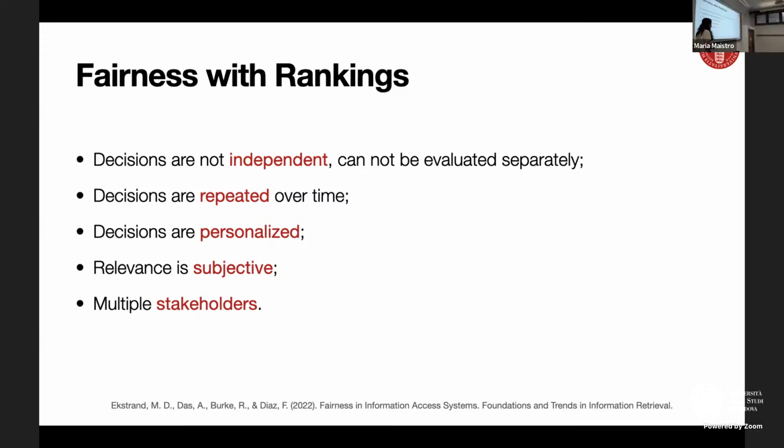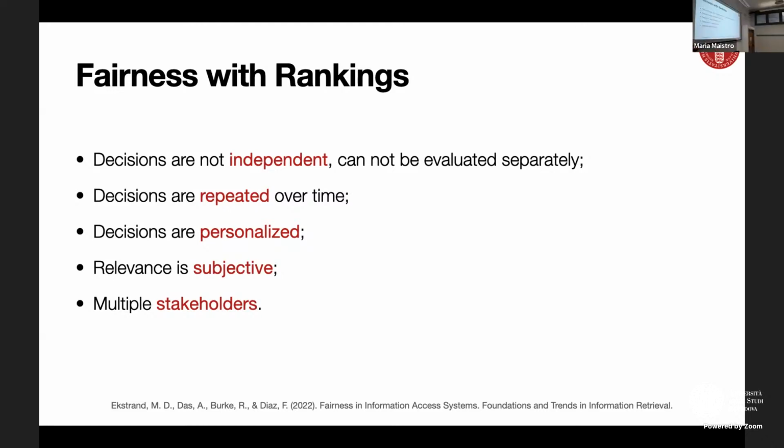Well, the items are not independent, as happens in classification, but there are dependencies across documents in the ranking. That is why, for example, like before, we cannot use the same measure to evaluate fairness, because you need to take the full ranking into consideration, not document by document. You cannot assign a fairness level to a single document.